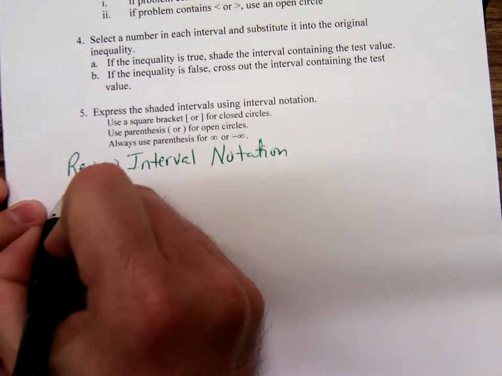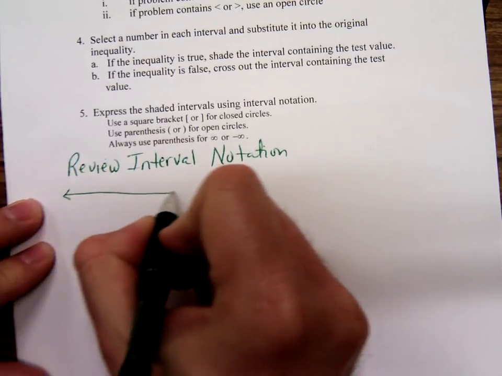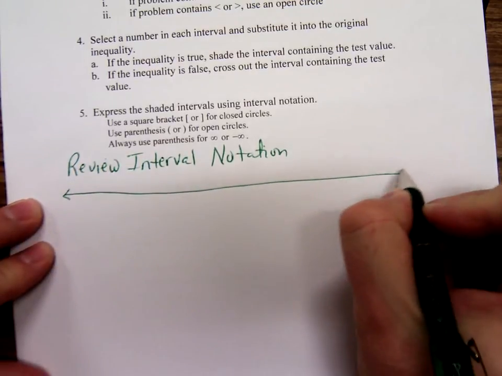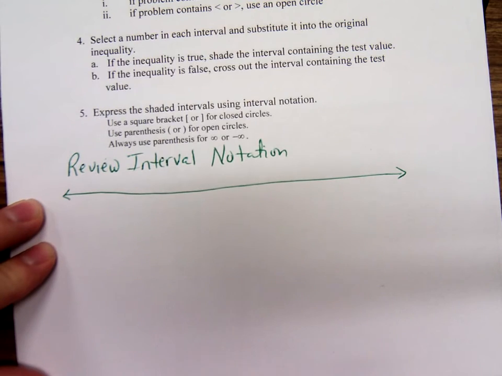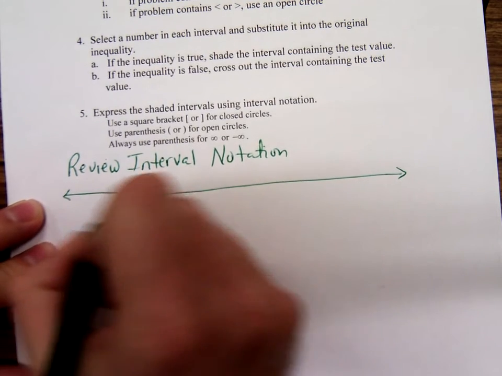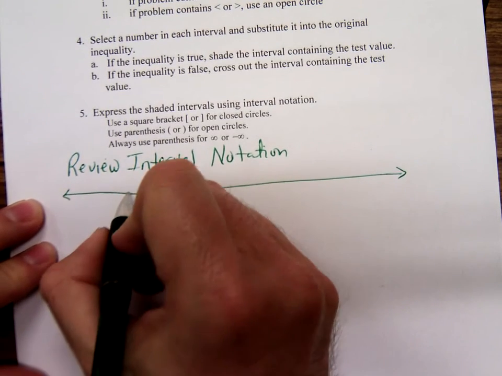I'm going to start off by drawing a number line. Now I'm going to just plot some numbers on the number line. Remember, negative numbers to the left. How about this?